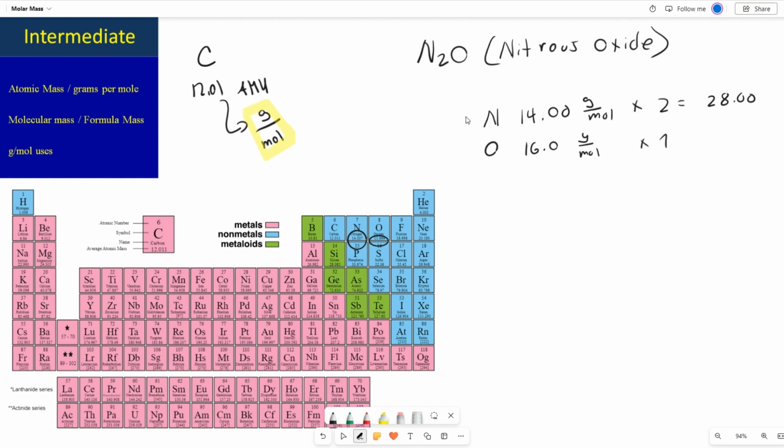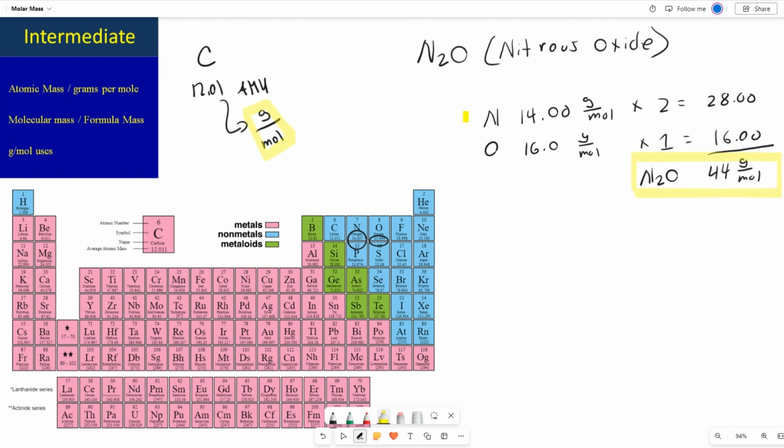And there's 1 oxygen in the molecule, so 16.0 will be the contribution from the oxygen. And then if you add 28 plus 16, you get 44 grams per mole, and that would be the formula mass or the molecular mass for nitrous oxide or laughing gas.